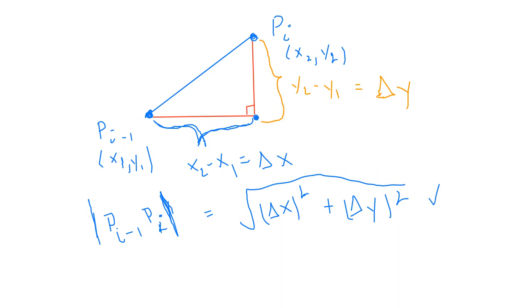If you don't mind, I'll call it delta x sub i and delta y sub i, because this is my ith line segment here.